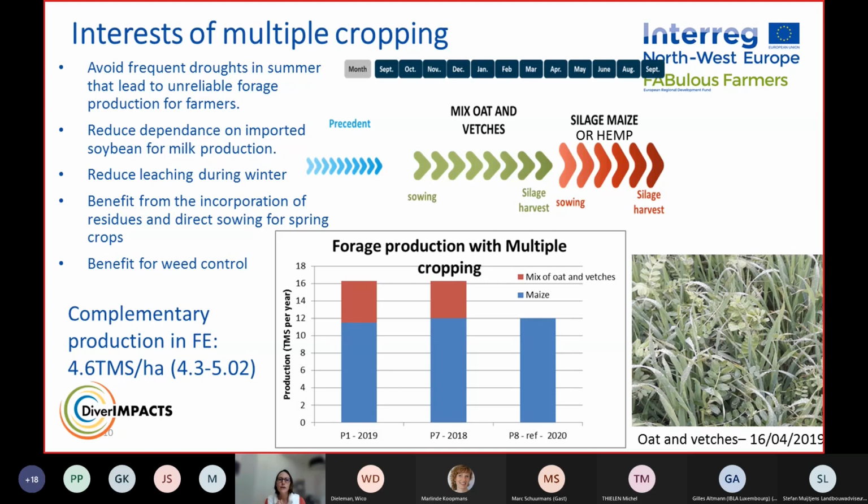And we also have a complementary production of forage in this rotation, with this multiple cropping, of at least 4 tons dry matter per hectare.